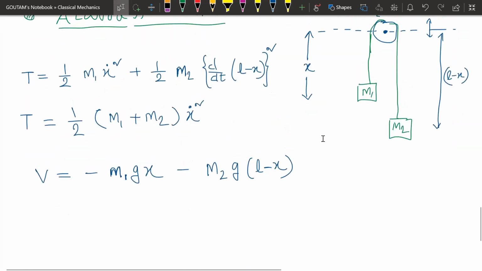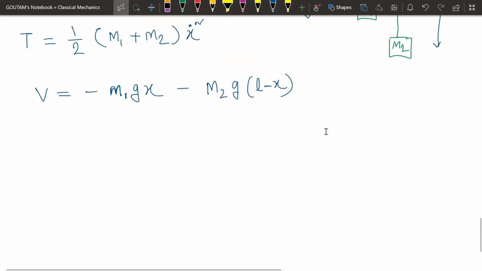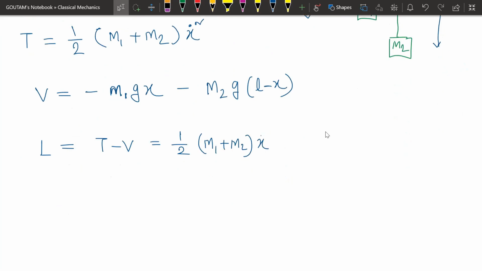So we got the kinetic energy, we got the potential energy. So what we will do? We will write the Lagrangian of the system. The Lagrangian of the system will be T minus V, which is half (M1 plus M2) x dot square plus M1 G x plus M2 G (L minus x).